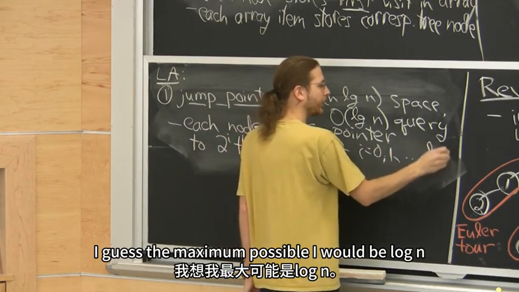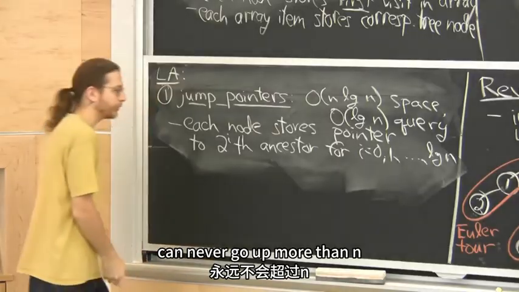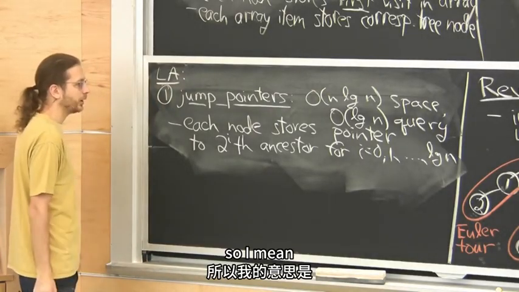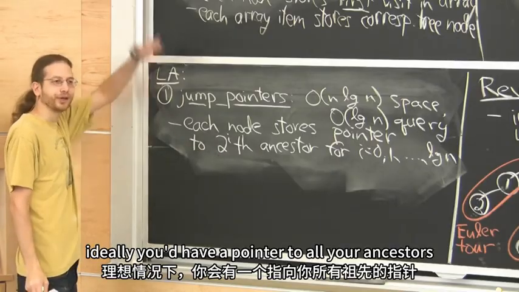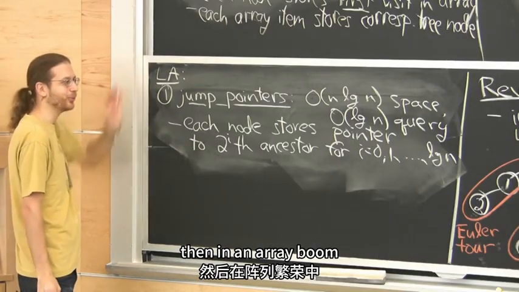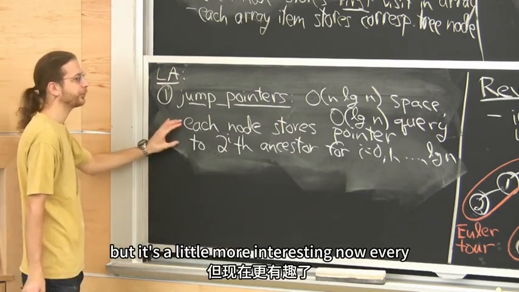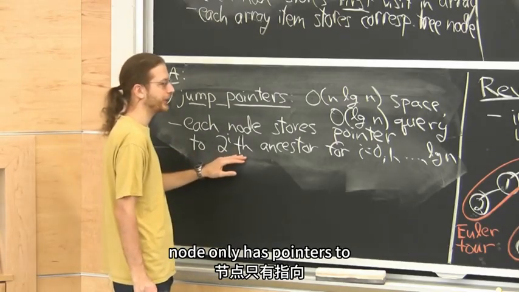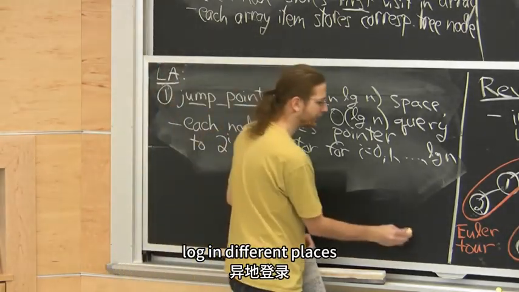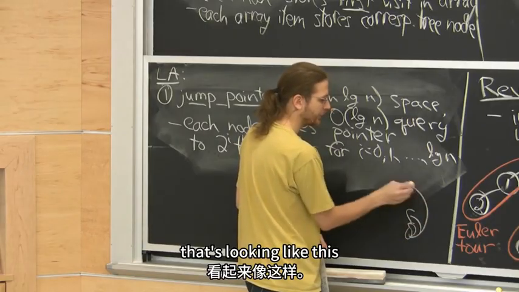I guess the maximum possible i would be log n. You can never go up more than n. So, I mean, ideally, you'd have a pointer to all your ancestors. Then in an array, boom, in quadratic space, you solve your problem in constant time. But it's a little more interesting. Now every node only has pointers to log n different places. So it's looking like this.